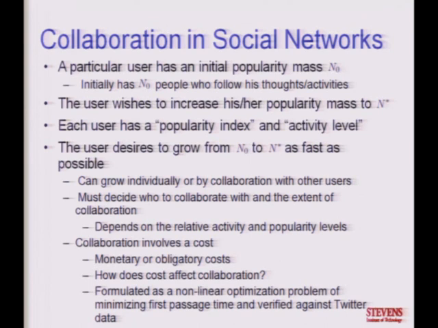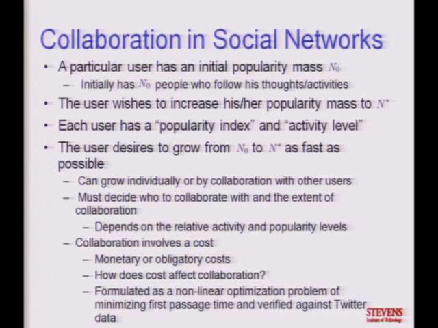But when we have multiple people, everyone has a different popularity index, everyone has a different activity level. So now the question is, how can we work this in a heterogeneous context? And how much work do I allocate to each person?